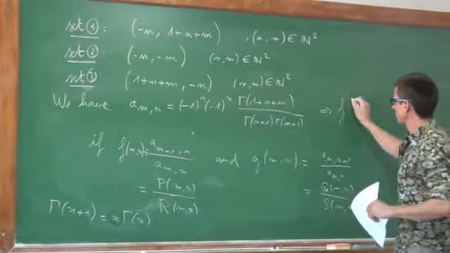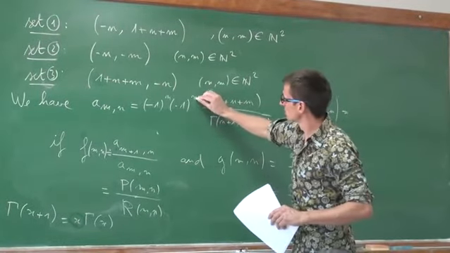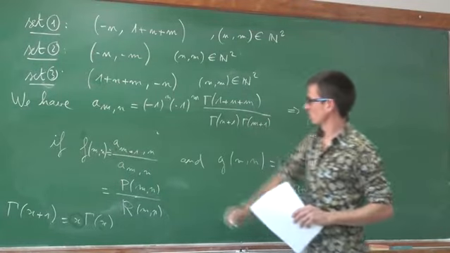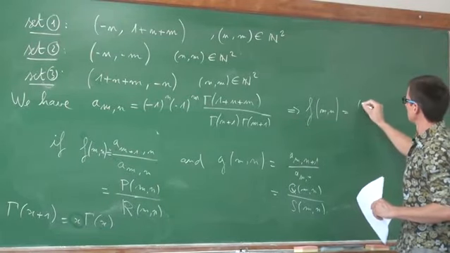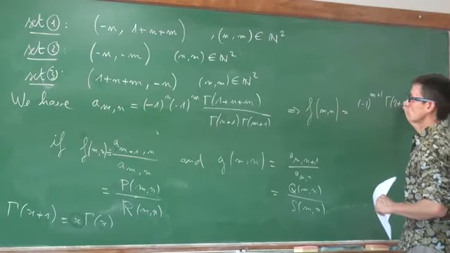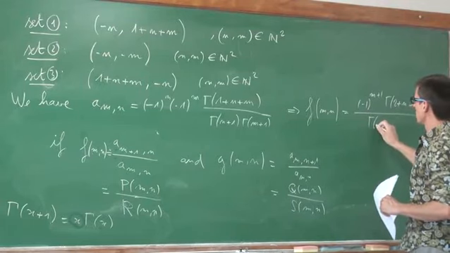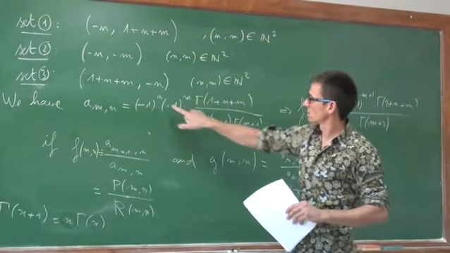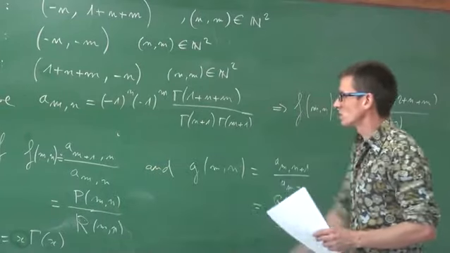Therefore, f m n equals m plus 1. So exactly this with m plus 1. So this is minus m plus 1 gamma of 2 plus m plus n divided by gamma of m plus 2. I won't write the n things because they will cancel. Okay.